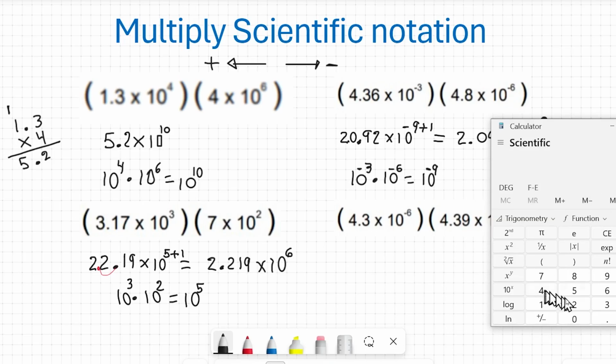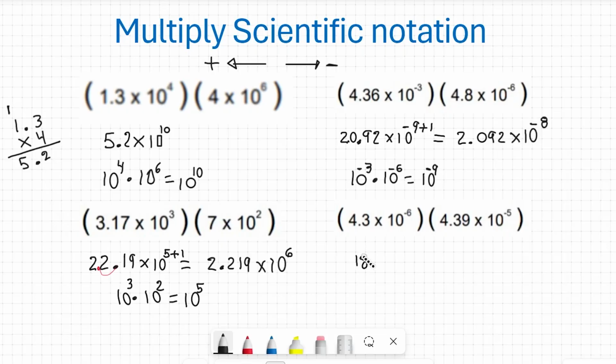That will be 4.3, and that will be times 4.39. Okay. So the answer that I get should be 1887. So the answer should be 18.87.